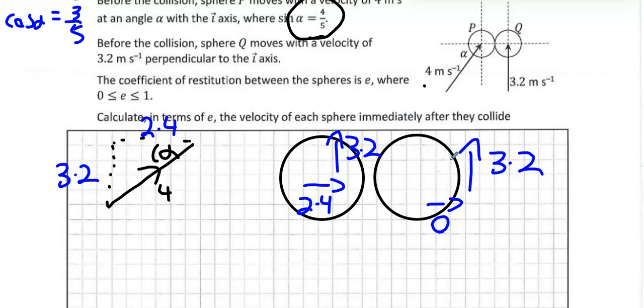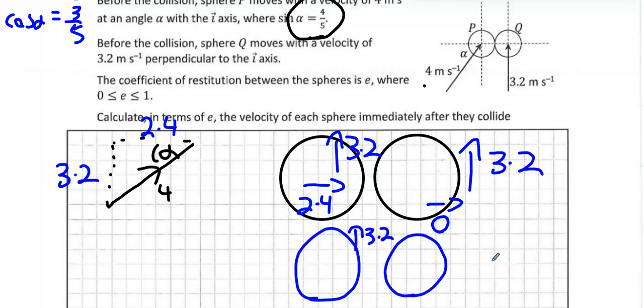But then what happens is, after the collision, what are we suspecting happens? That the 3.2s are maintained, aren't they? Because they're perpendicular to the axis of the crash. The axis of the crash attaches the two centers of the spheres to each other.